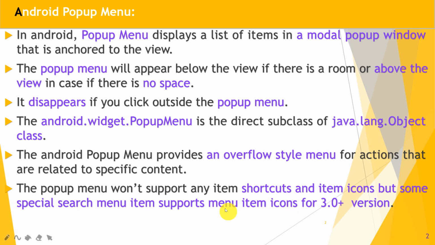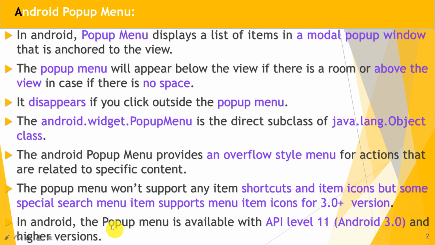Great. We will see that part in our example. In Android, the pop-up menu is available with API level 11. So from API level 11, that is Android 3.0 onwards, the PopupMenu class is available, and higher versions also support it. The PopupMenu class is inside the android.widget package.